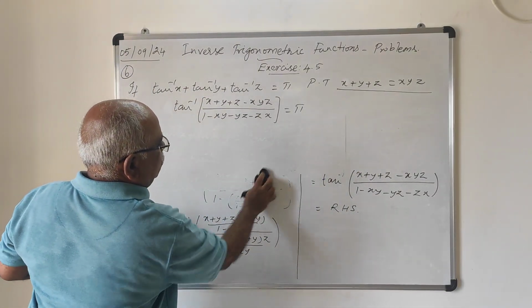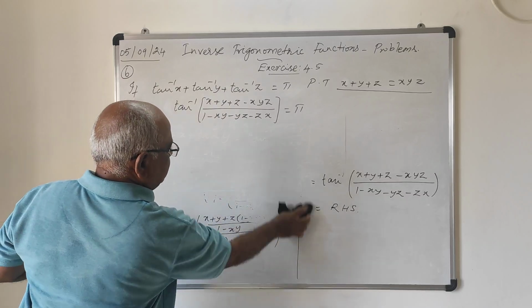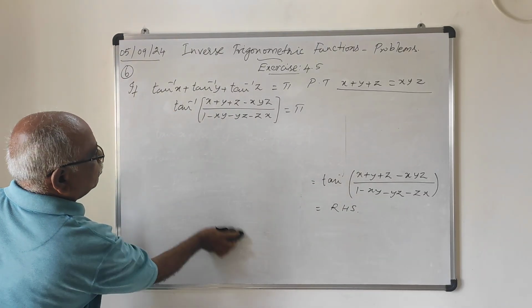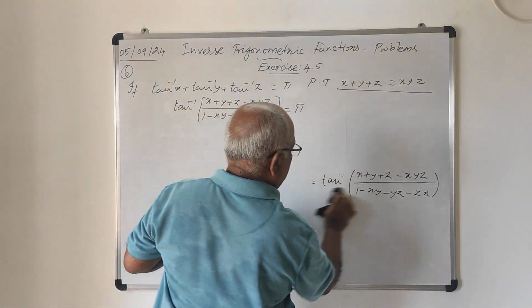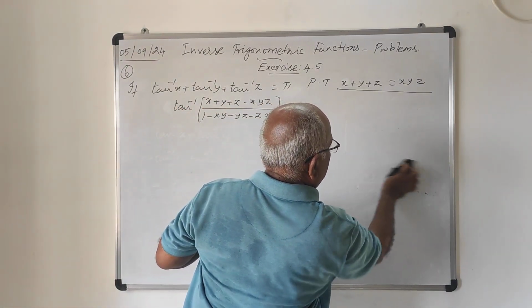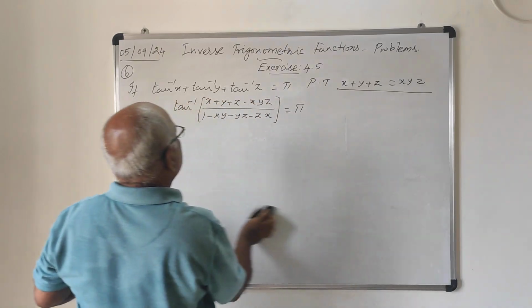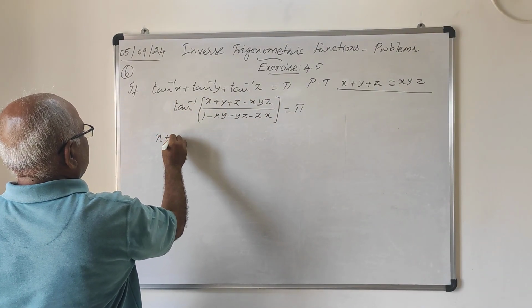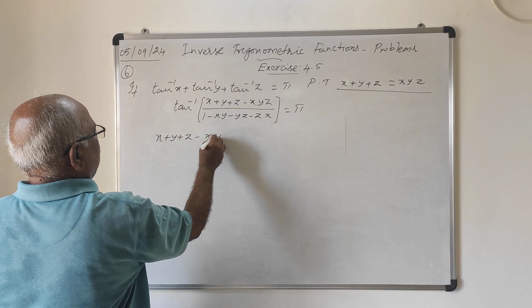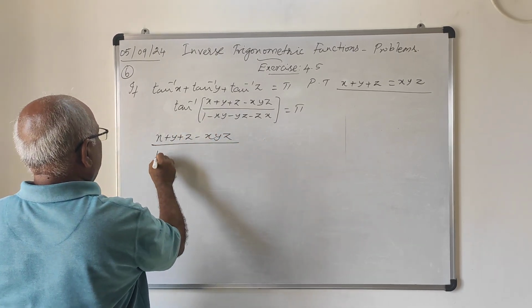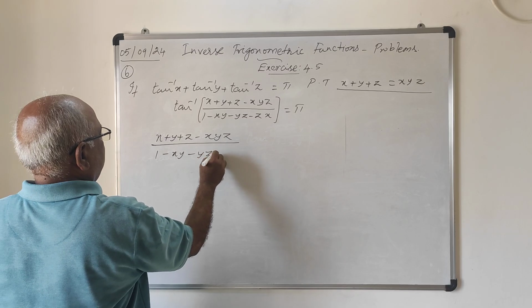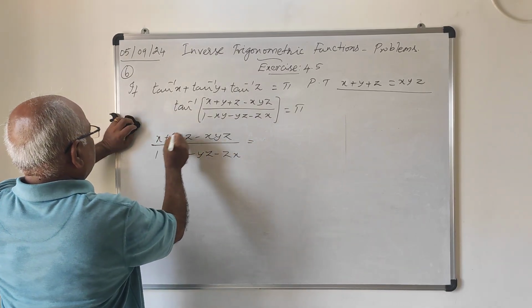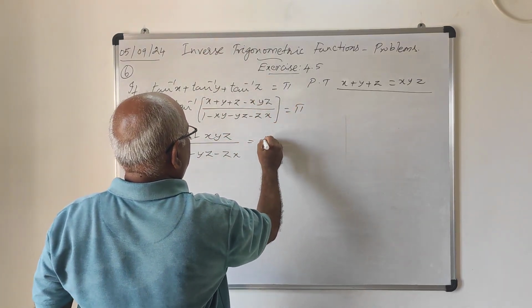So tan inverse of this quantity equals pi, which implies that (x plus y plus z minus xyz) by (1 minus xy minus yz minus zx) equals tan pi.